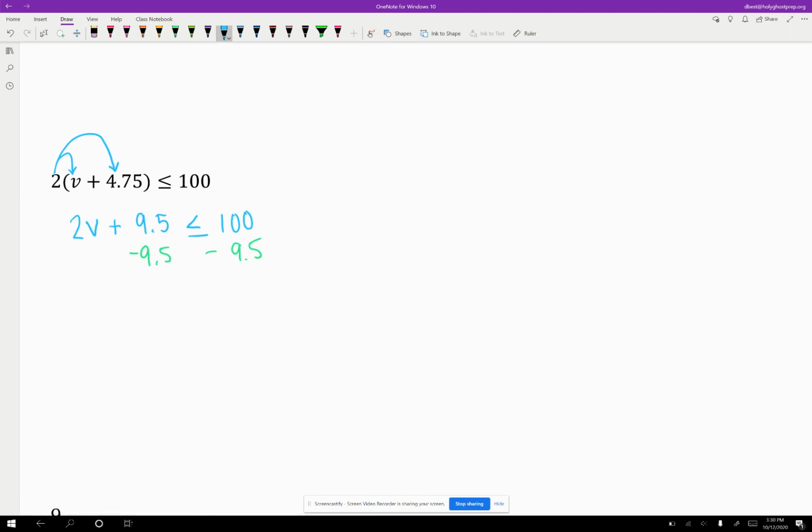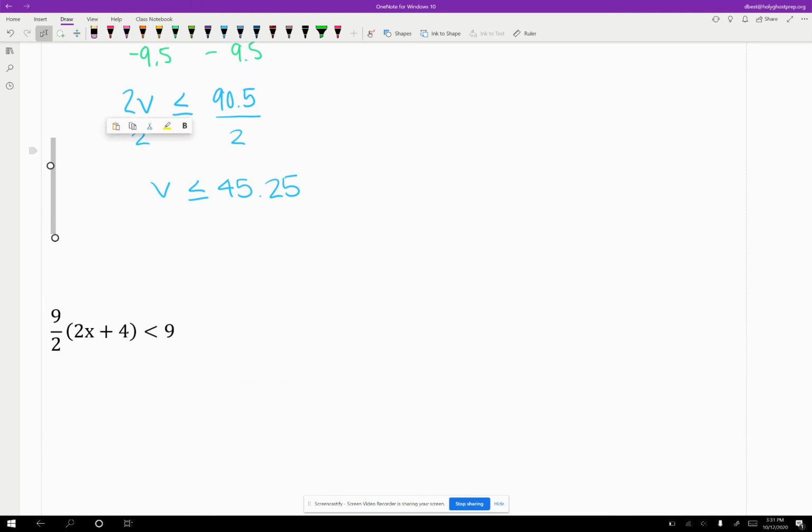And we should have 2V is less than or equal to 90.5. And when we divide by 2, we get V is less than or equal to 45.25. So Zachary can spend no more than $45.25 per game for his brothers. Okay, so $45 would be fine. $47 would be too much.